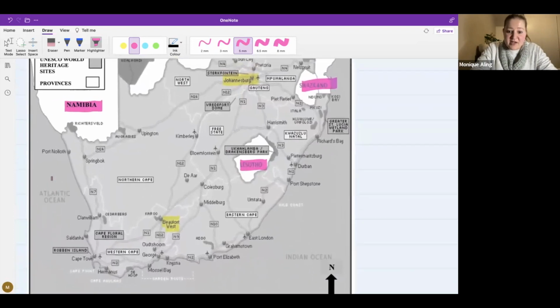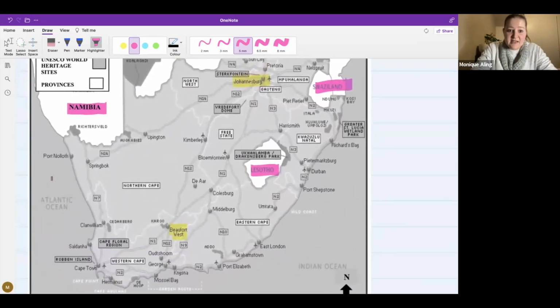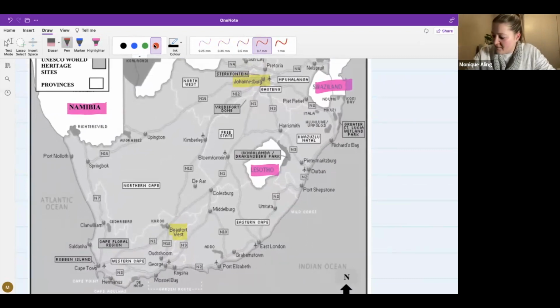Yeah, we should be able to see it. Okay, so we're going from Beaufort West to Johannesburg, and they're going via Kimberley. So I'm going to let you just figure that out quickly. Which way is Kimberley? And what road is it?